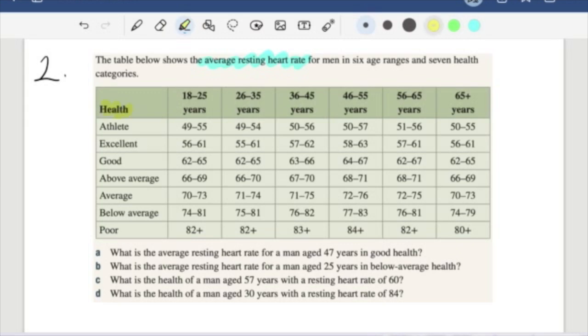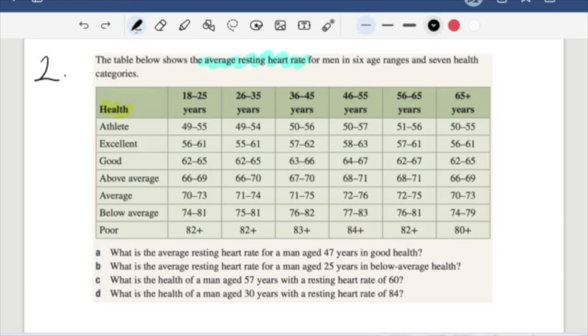So I've got that here. And below I have an athlete, excellent, good, above average, average, etc. And in this section here, we are looking at the age of people. This is going to change depending on their age. That's what we discovered in the last example.